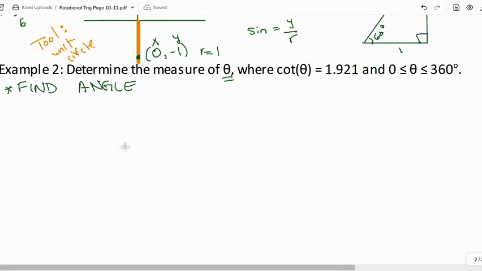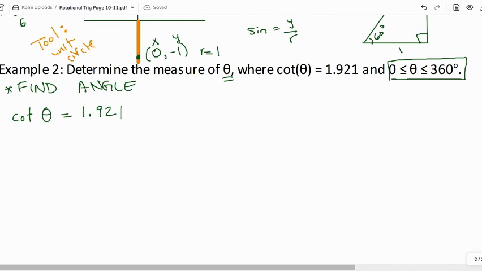Okay. So we're finding an angle, meaning we're going to the left side of my mind map, right? We are told that cotangent of theta is 1.921. We are also told that the angle is between 0 and 360 degrees.